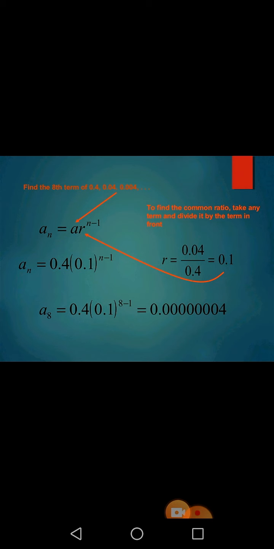As we said, 0.4 times 0.1 equals 0.04. Then a is the first term, 0.4, times r, the ratio is 0.1, to the power, he wants the eighth, so it will be 8 minus 1, which is 7. So A₈ equals 0.4 times 0.1 to the power 7 equals this number.